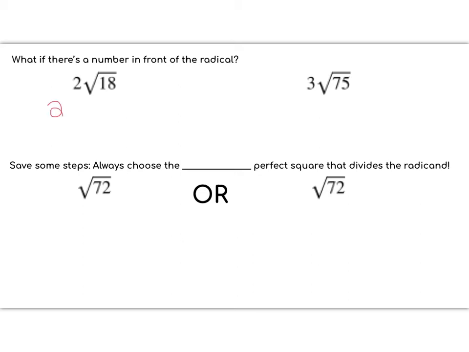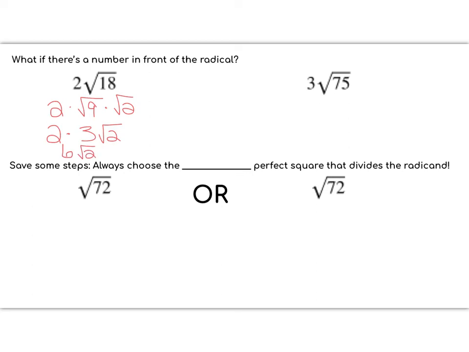So I can write this as 2 times the square root of 9 times the square root of 2, because 9 times 2 is 18. So I still have that 2 hanging around, times the square root of 9, which is 3. The square root of 2 stays where it is because it's not a perfect square. And now I can multiply this 2 times 3. So I end up with 6 times the square root of 2.